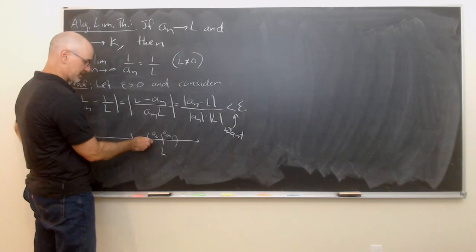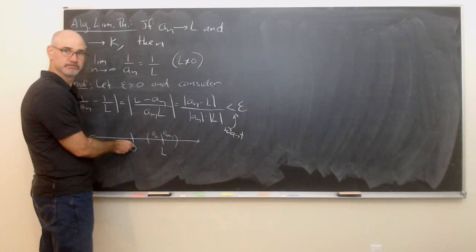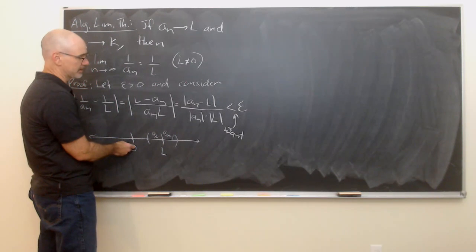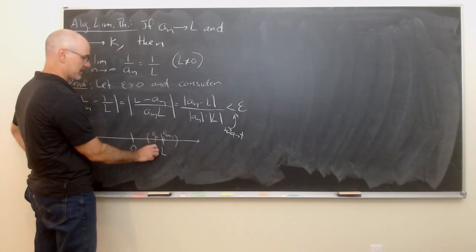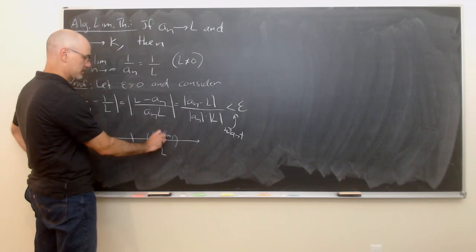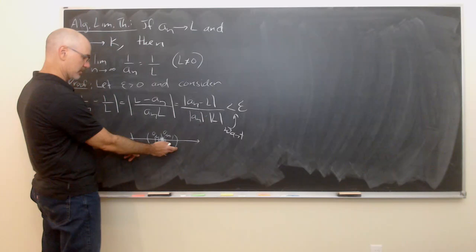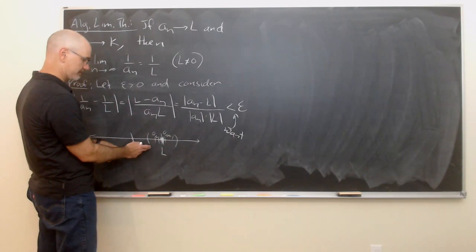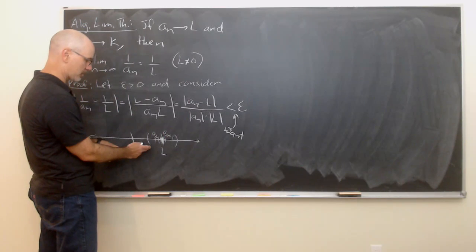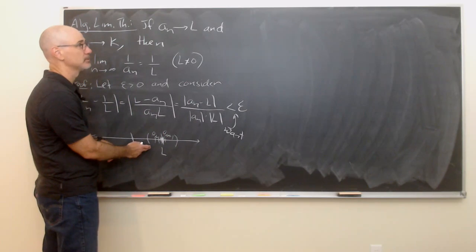But if they're inside this interval, they can't get close to 0. So we'd have a sub n plus 1, and then those would continue. The important point is that originally we make a choice here that gives us knowledge about how close the a sub n's can get to 0.